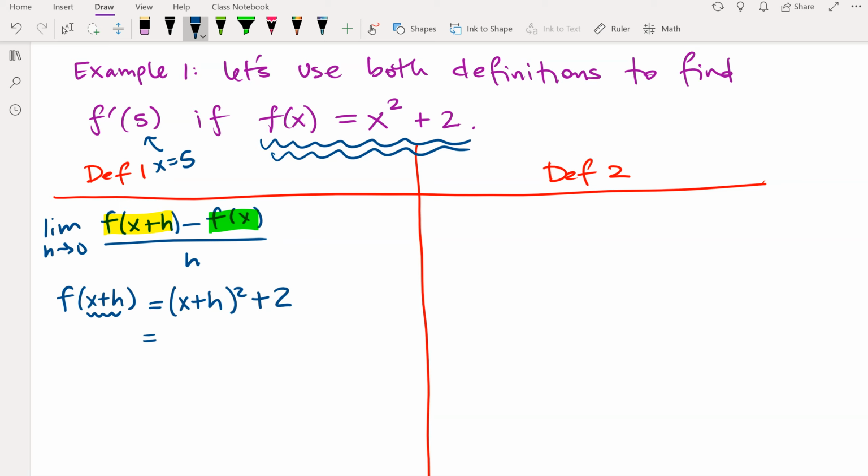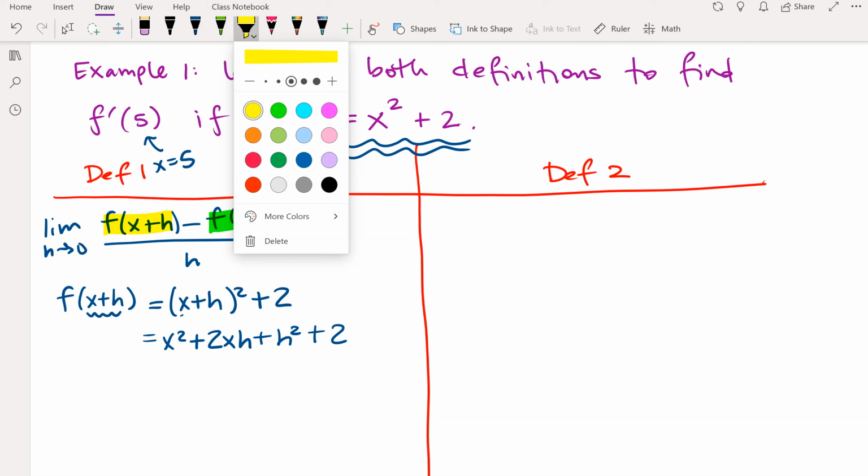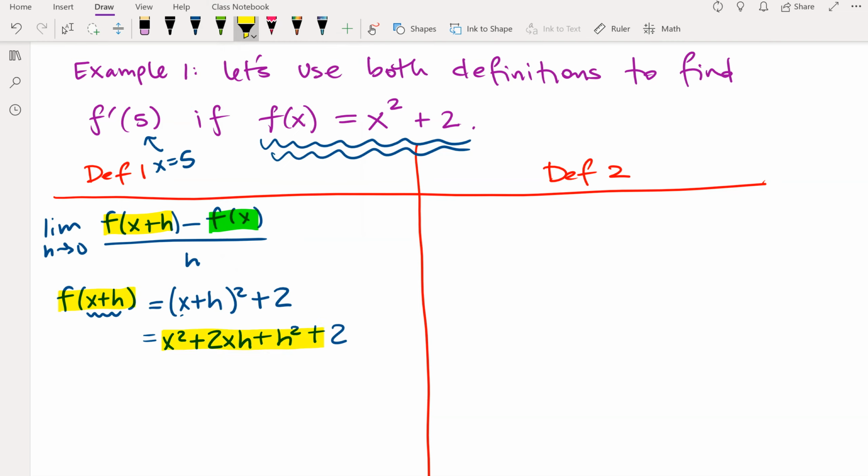That equals the first term squared, x squared, plus 2 times the first term x times the second term h, plus the last term squared, h squared, plus 2. That will always work that way when you have a quantity squared with two pieces in the quantity. Sweet. That is f of x plus h, so that's the yellow piece.